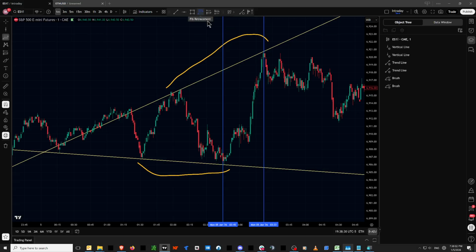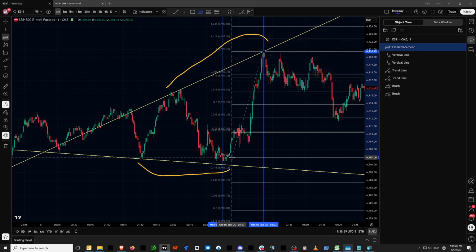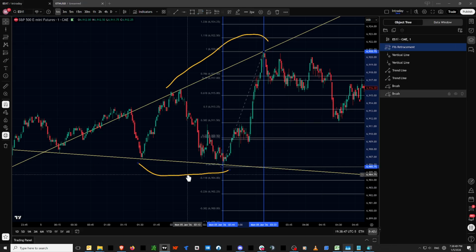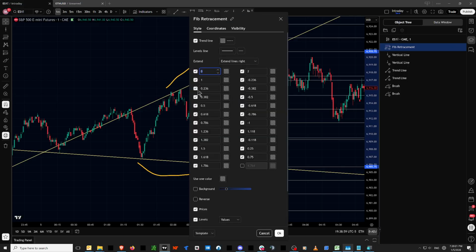Step three, I am going to draw a Fibonacci or a measured move or whatever you want to call it from the highest high line to the lowest low. Where are you? There you are. Now, I'm not so much interested in Fibonaccis. As a matter of fact, I'm going to turn off all the Fibonaccis.